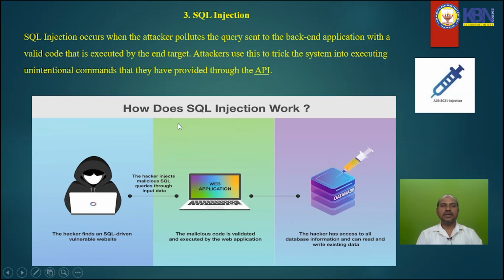SQL injections occur when the attacker pollutes the query sent to the backend of the application with a valid code, so that it is executed by the targeted people. The attackers trick the system into executing unintentional commands that they provide through the application.